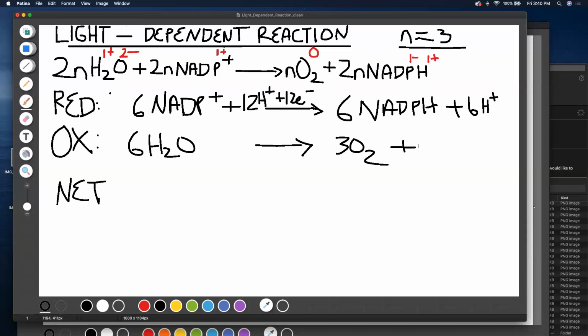We add 12 hydrogen on this side and 12 electrons. The oxidation state of this is 0, the oxidation state of water is 0. So we're balanced as far as charge and atoms. So now we start canceling to get our net equation.